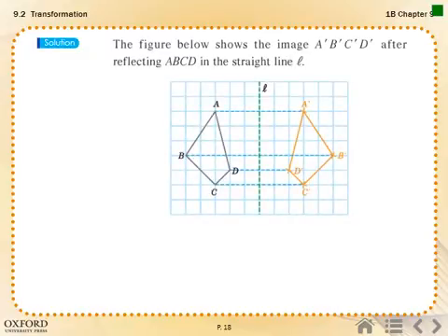And we find that the distance between A and L is the same as that of A' and L. And similarly, the distance between B and L is equal to the distance of B' and L. C and L is equal to the distance of C' and L. And finally, the distance of D and L is equal to the distance between D' and L.